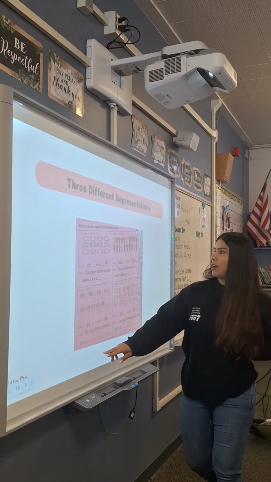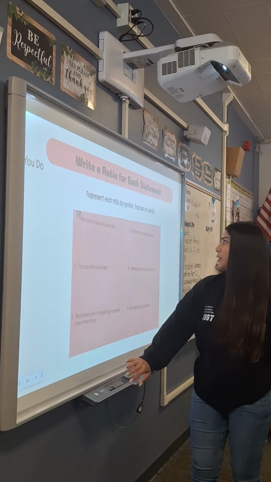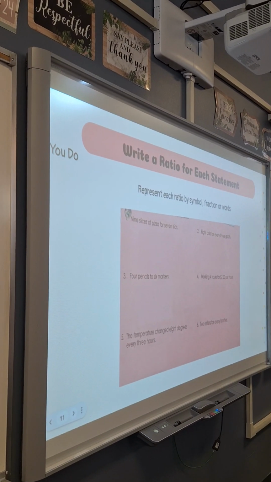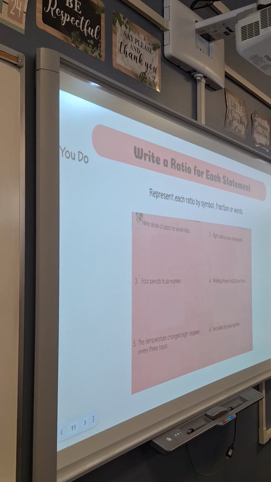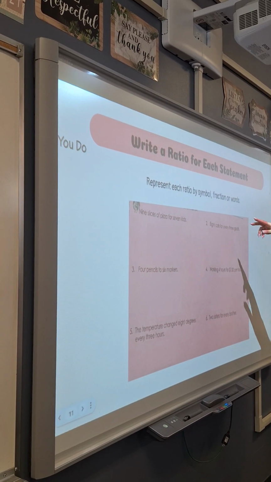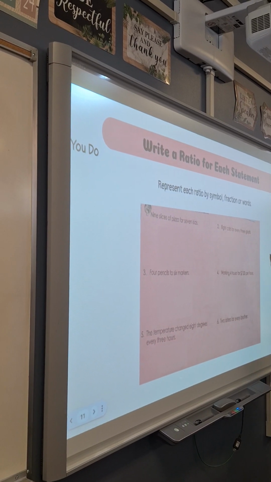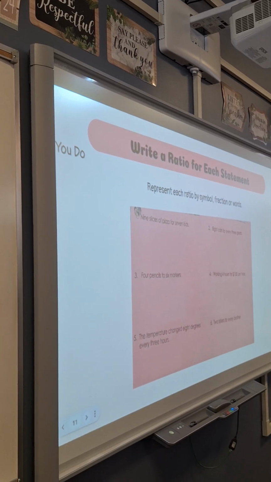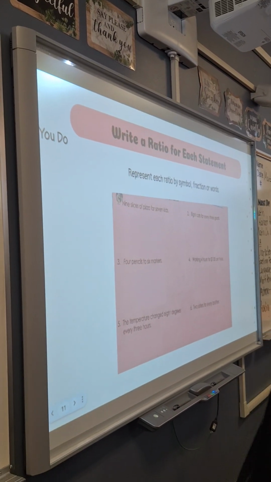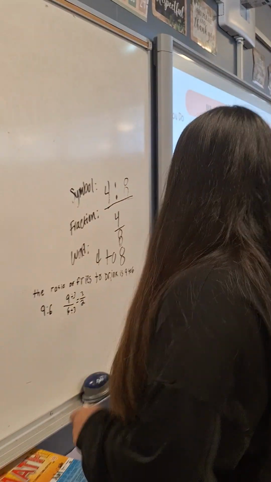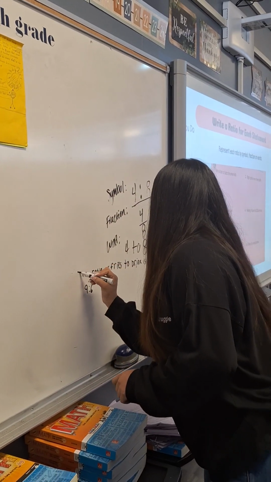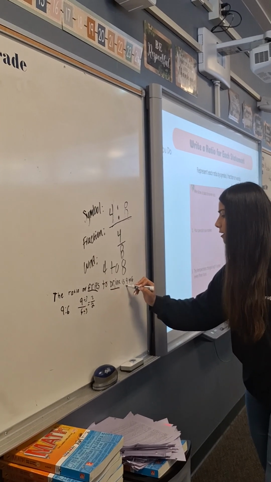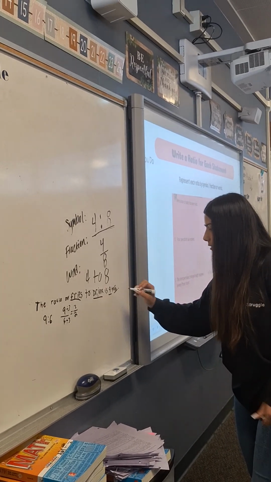Okay, so now I'm gonna let you guys have an option of doing 1 through 6, either through the symbol, the fraction, or the words. And when I say words, I want you guys to put it out in a complete sentence. This is what I'm looking for. The ratio of blank to blank is blank to blank.